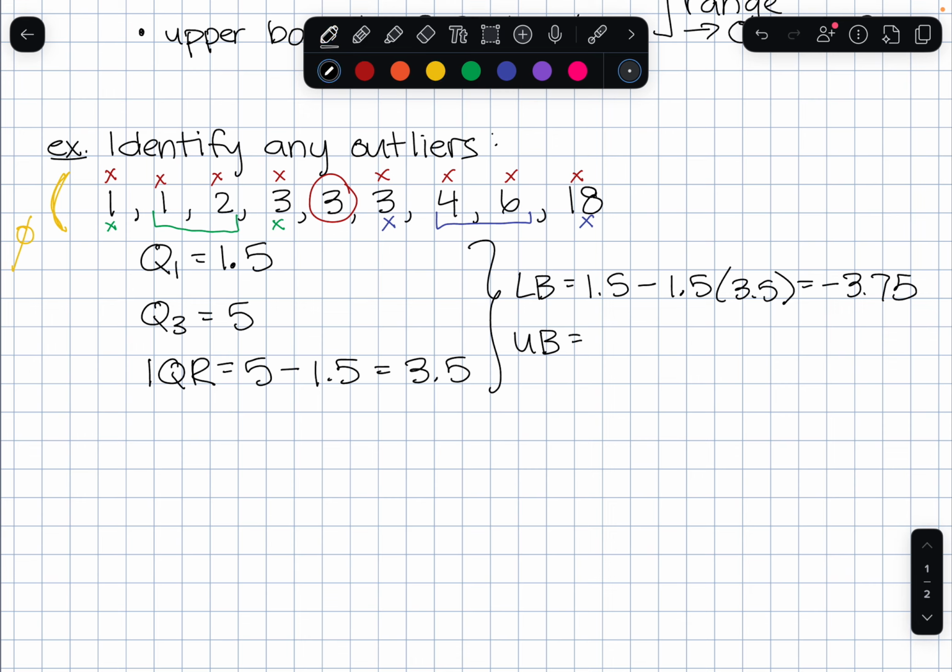On the right side, we're going to take our third quartile and add 1.5 times our IQR. So 5 plus 1.5 times 3.5. And when I do that, I get 10.25. So my upper bound for reasonable data is sitting between 6 and 18. So 18 is an outlier.